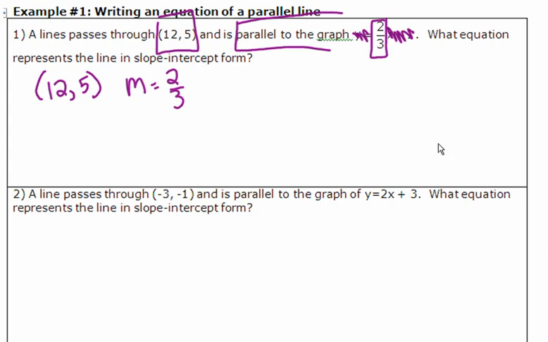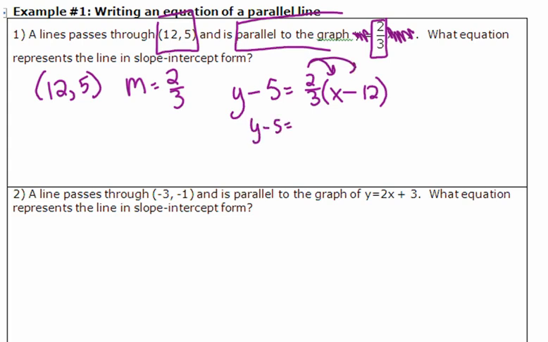So I would do y minus y1, so my y1 is 5, equals the slope times x minus x1, and my x1 is 12. Now this is just like every other problem we've done. I'm going to distribute 2/3, so this is y minus 5 equals 2/3 x. 2/3 times negative 12 is negative 8.